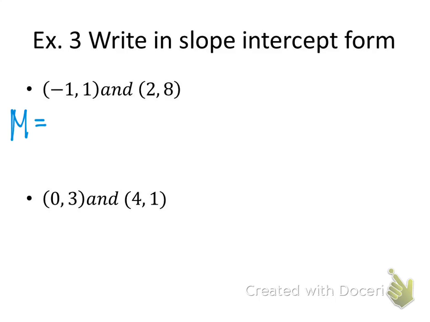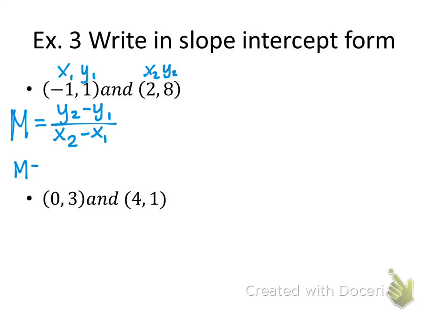Devin? y2 minus y1 over x2 minus x1. Perfect. y2 minus y1 over x2 minus x1. I'm going to use this point, x1, y1, x2, y2, to plug it in and get my m. Okay?